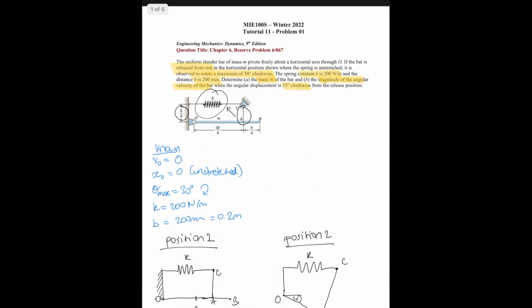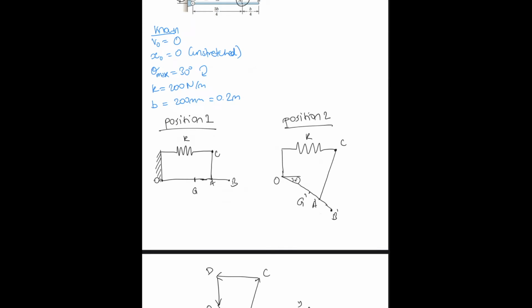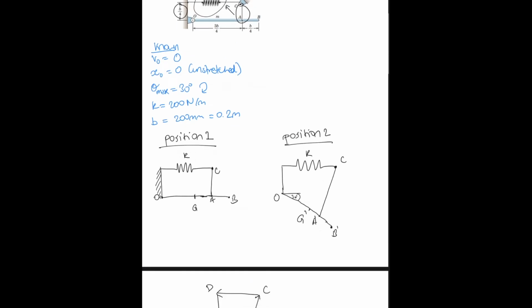So if you plug in what we know, we've got mg, and z2 is going to be equal to minus b over 2 sine theta max, which is this length over here.